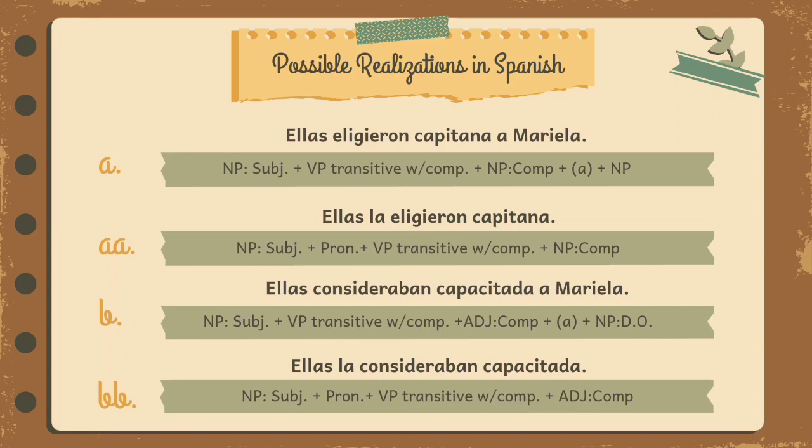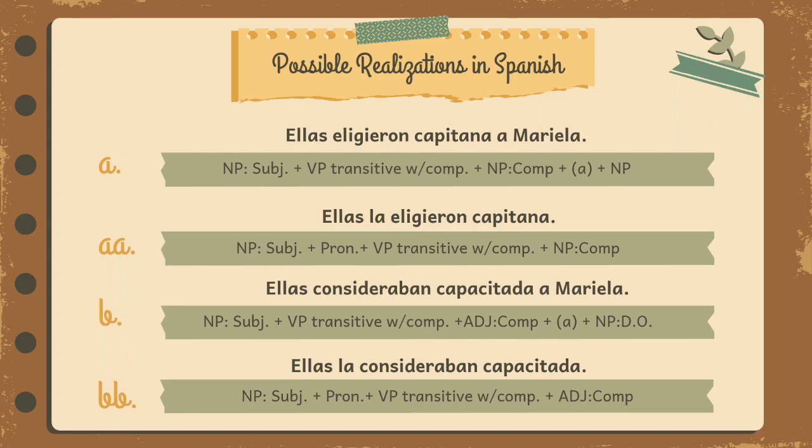A. "Ellas la eligieron capitana." In this case, la refers to Mariela. Thus, noun phrase as a subject plus pronoun la plus verb phrase transitive with complement and noun phrase as a complement. B. "Ellas consideraban capacitada a Mariela."